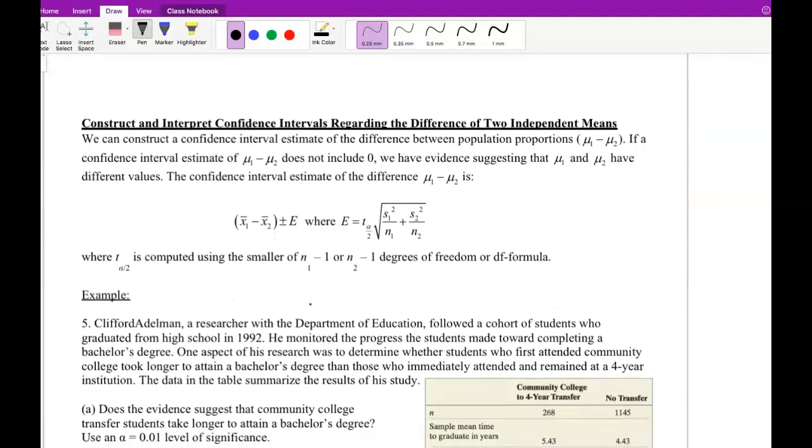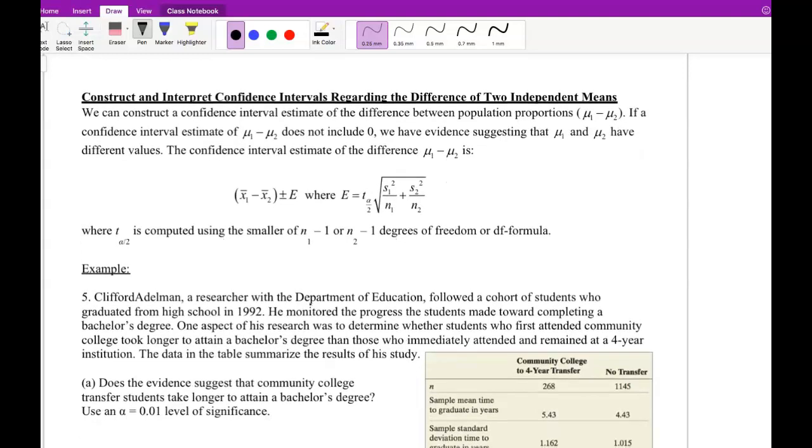Now next part, construct and interpret a confidence interval regarding the difference of two independent means. This part is exactly the same as with population proportions. The only difference is that instead of using sample proportion, we use sample mean. So the difference between these two sample means, plus or minus the margin of error.